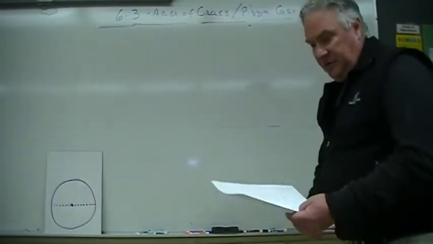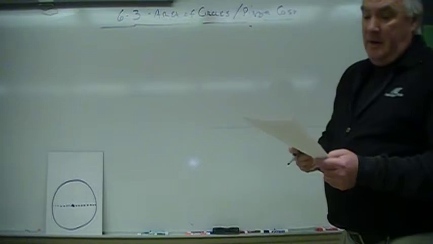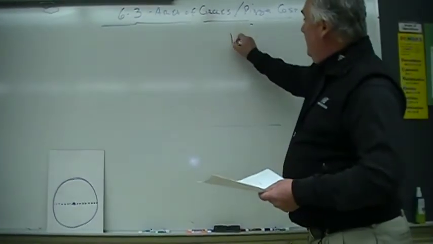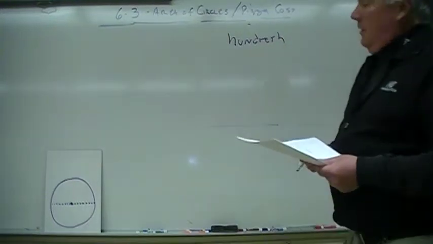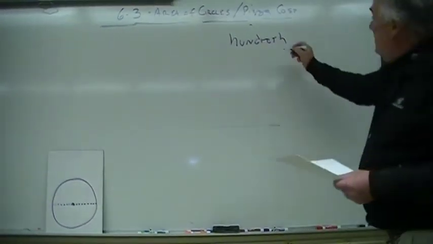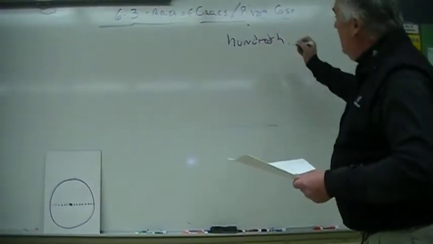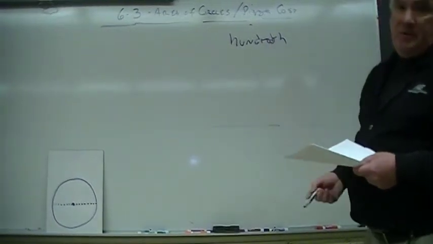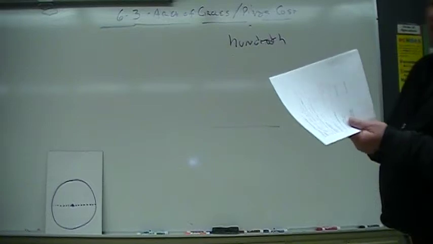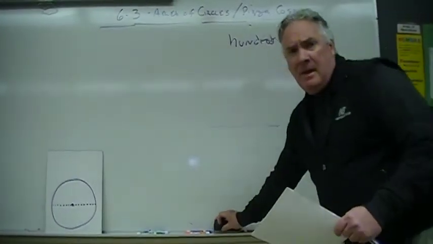So let's do our practice rounding. We're going to round to the nearest hundredth. H-U-N-D-R-E-D-T-H. Round to the nearest hundredth. That's two places.